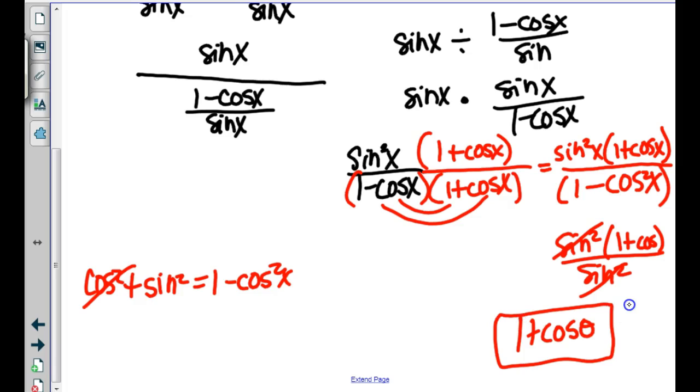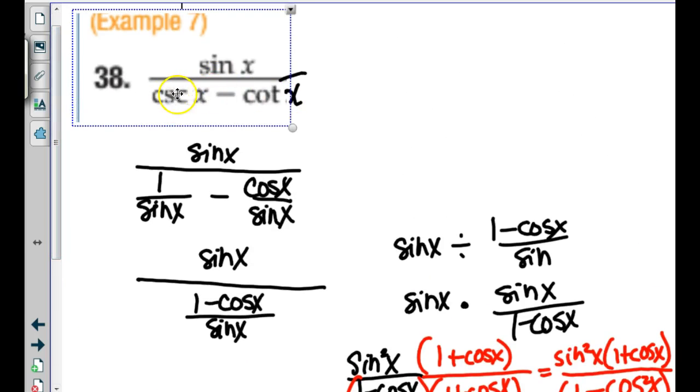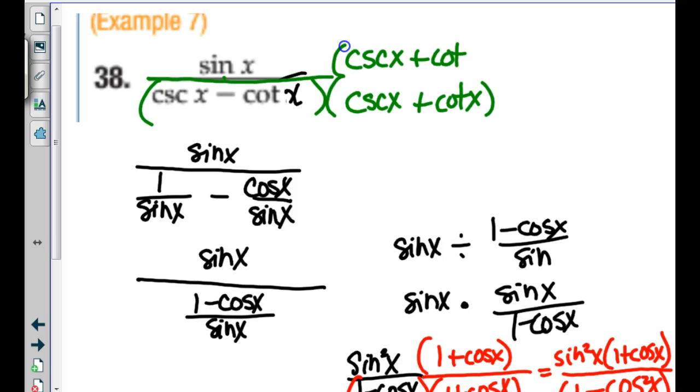Okay, I did this problem in 2 steps because I'm a nerd. And right back here, I recognized that if I multiply by a cosecant of x plus a cotangent of x, what do I get in the denominator?